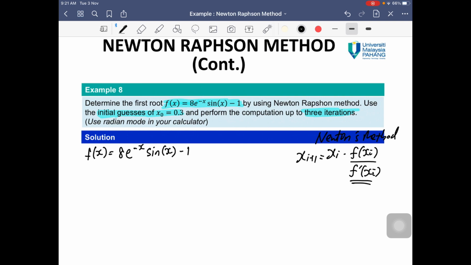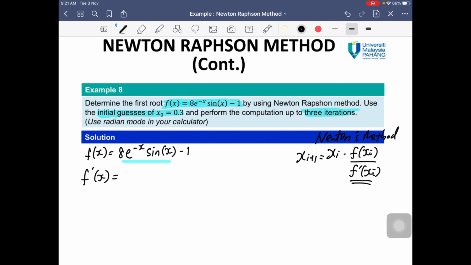So we need f'(x) here, so we need to differentiate this f(x). Remember, when you have an exponent multiplied with sine, you need to apply the product rule in order to differentiate.